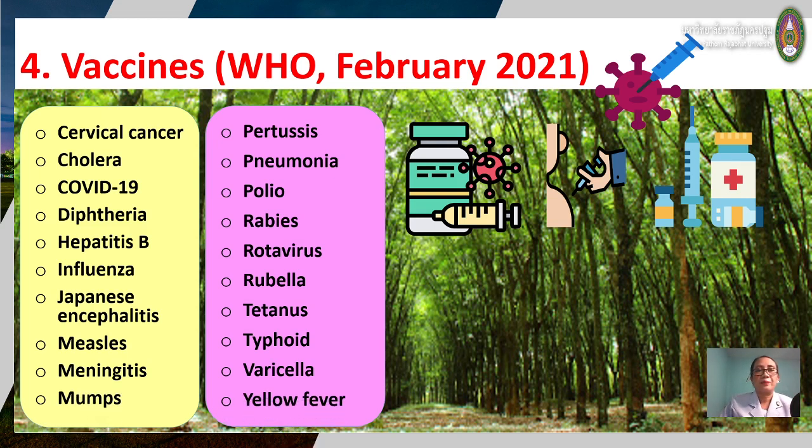Those are the list of vaccines that are available according to the World Health Organization, currently posted in February 2021.